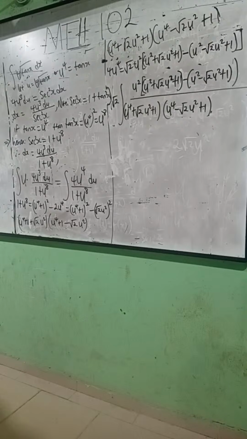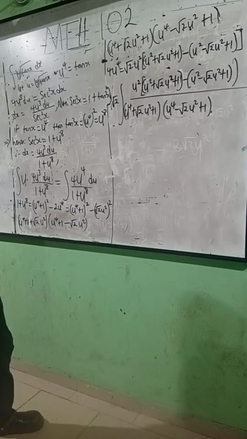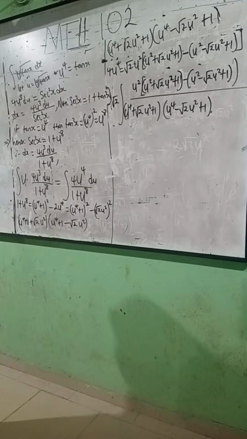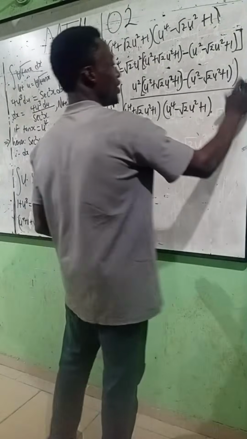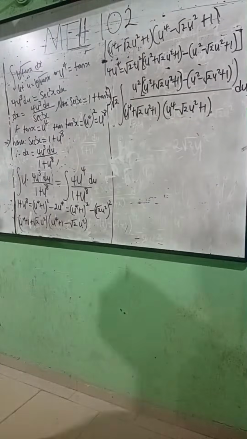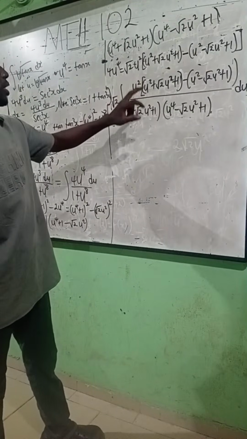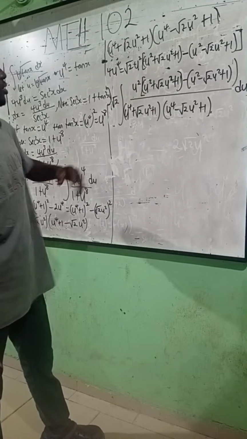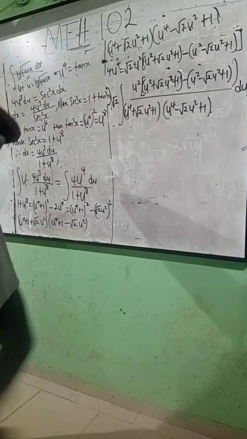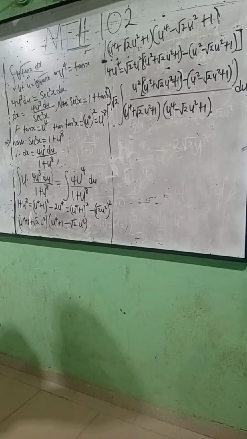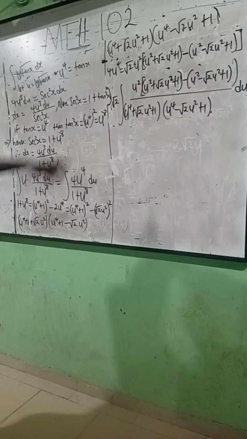We are not clear. No, they are clear. Even myself, I'm not clear. But this is correct, du. There's something I'm checking there. What we have to do is open the bracket. Okay, now they are open. This guy still remains 4.